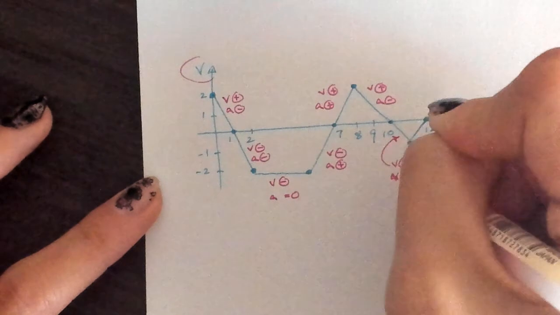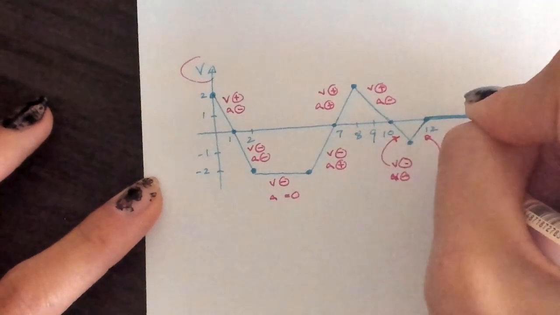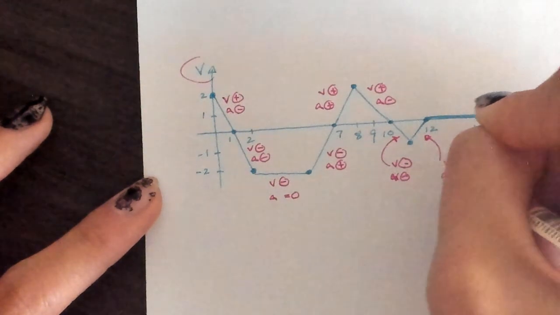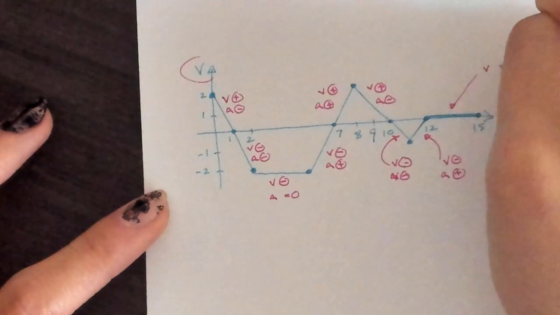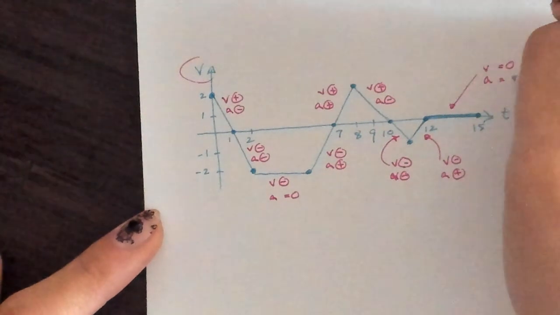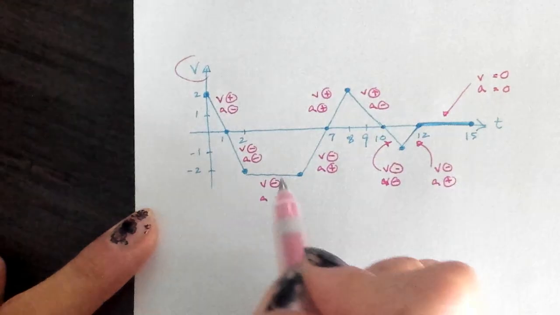Oops, that's an A. Velocity negative, acceleration positive, and then right here you have velocity equals 0, right? We're at 0, and acceleration equals 0, because the slope is 0, just like here the slope is 0.